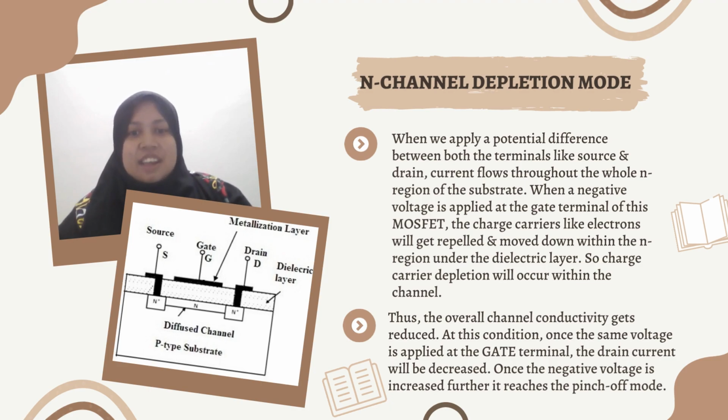So, charge carrier depletion will occur within the channel. Thus, the overall channel conductivity gets reduced. In this condition, once the negative voltage is applied at the gate terminal, the drain current will decrease. Once the negative voltage is increased further, it reaches the cutoff mode.